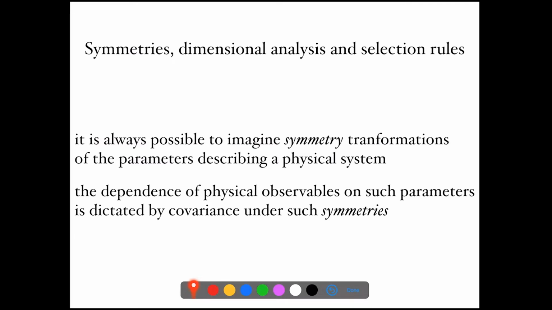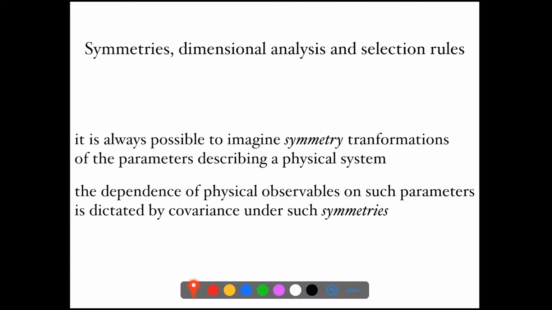It's their relation with selection rules. This is particularly important when symmetries are not exact, and the presence of symmetry is still important because it gives you important structural relations between observables.